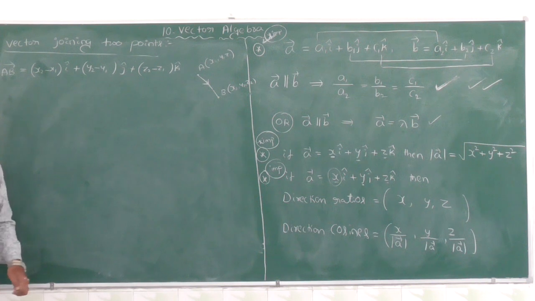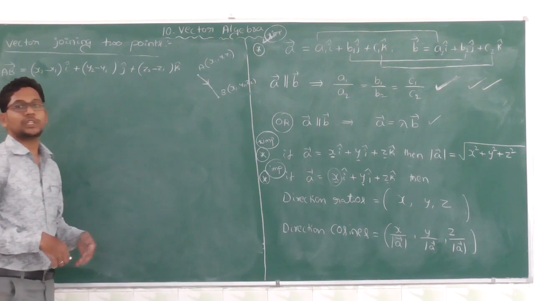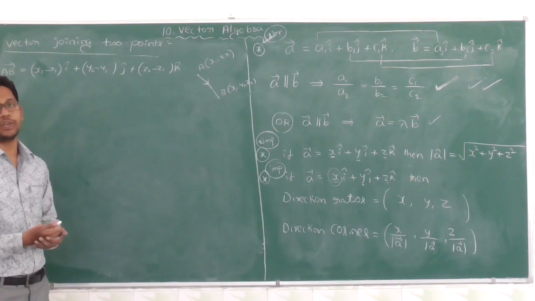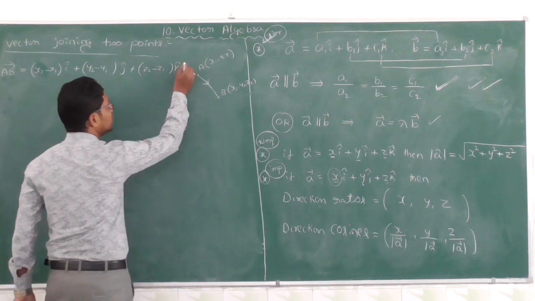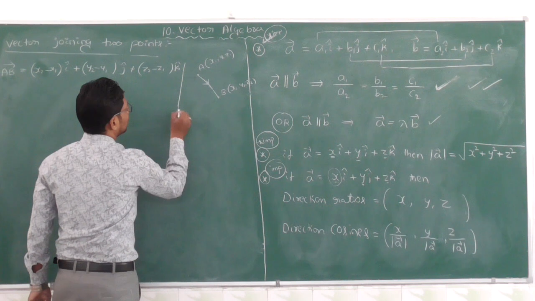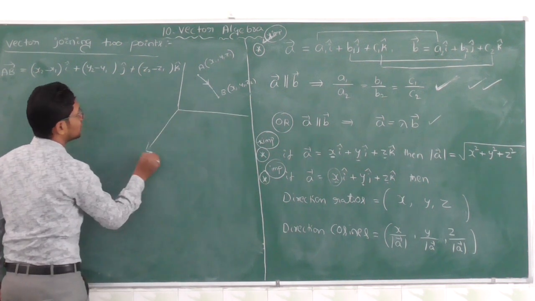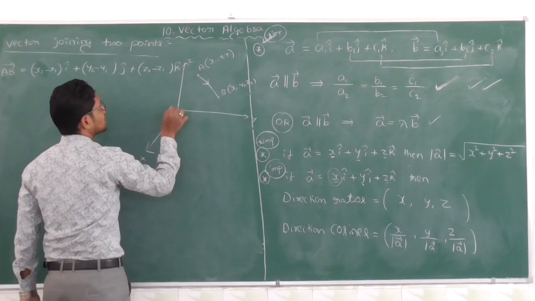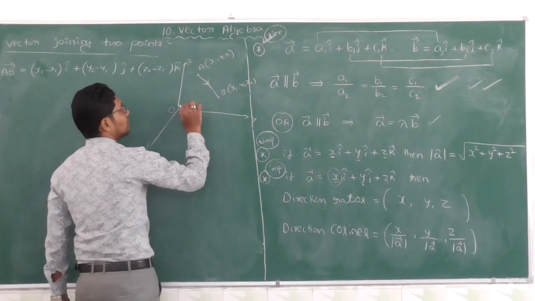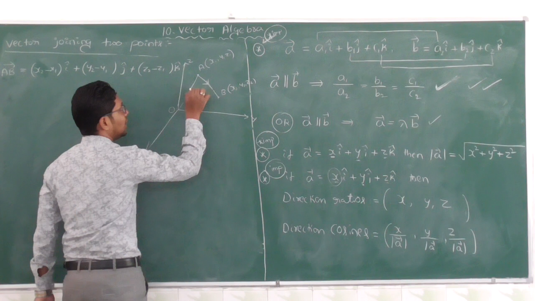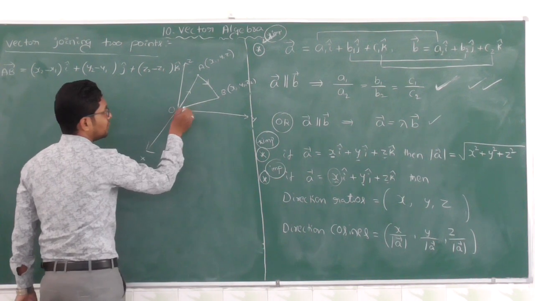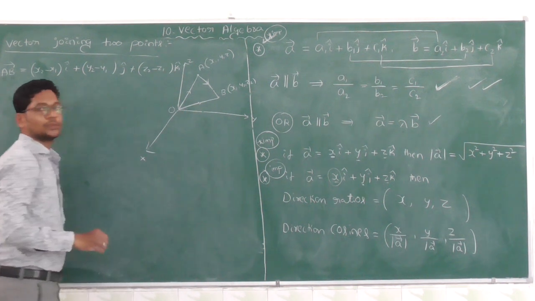For vector joining 2 points, we also have one more method to find it, through position vectors. See, let us take a 3-dimensional plane x, y, z. It is the origin. It is the position vector of A with respect to the origin. It is the position vector of B with respect to the origin.